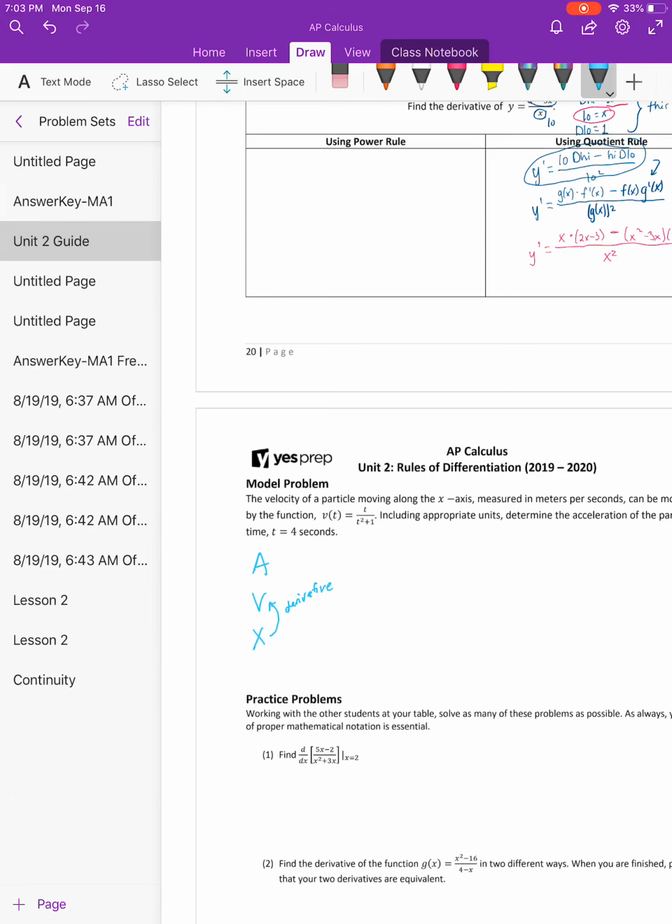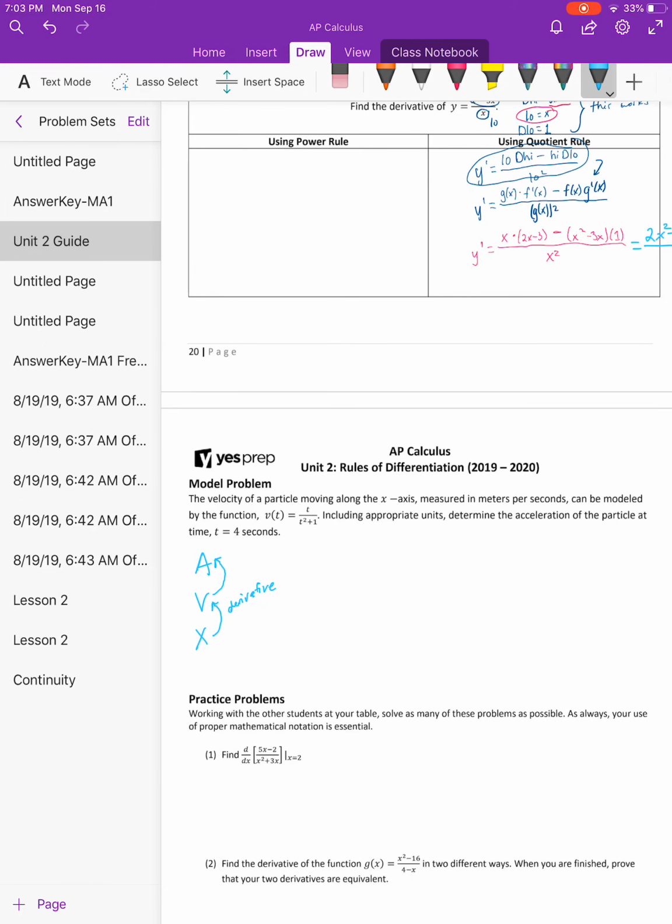And the same thing if I'm going from velocity to acceleration. So this one says, the velocity of a particle moving along the x-axis, measured in meters per second, can be modeled by the function v of t is equal to t over t squared plus 1. And it wants us to determine the acceleration. So again, that just means take the derivative.